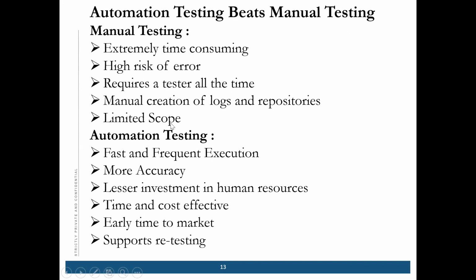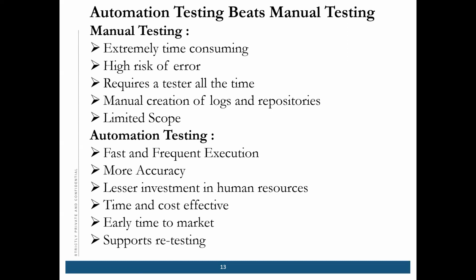So when you do all these things manually, you have a limited scope, right? When you get your new build, some changes are given to the developer, and then the developer gives you the new build. When there is less time, there is a limited scope, right? You cannot execute all your test cases, so you are limiting the test cases and your scope.